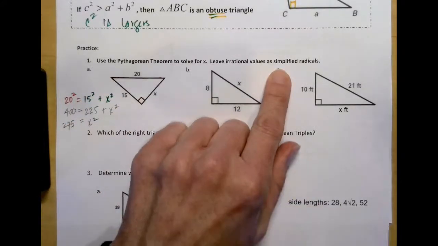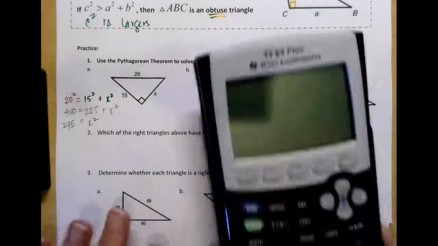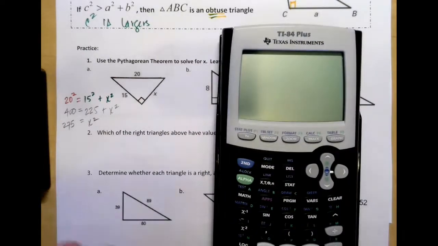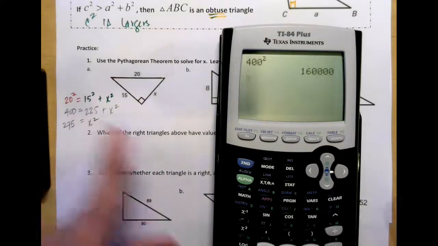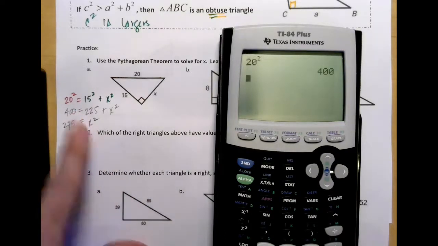Now we look up here and we were asked to leave our values as simplified radicals. Because they asked for that, finding the value from the calculator is not going to be what we need to do. But I am just going to check my math real quick.